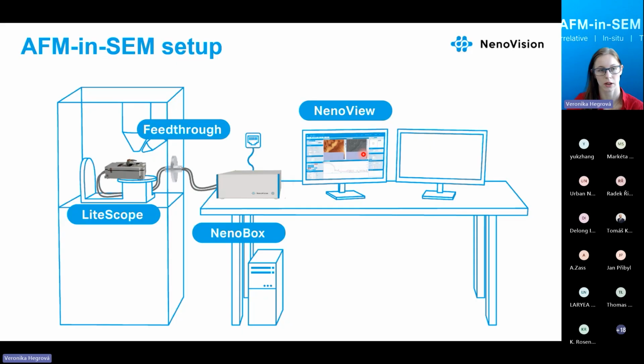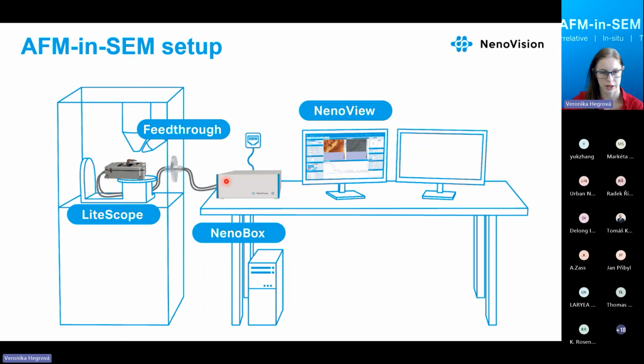And so the setup in how we measure the AFM-in-SEM, well, this is the SEM scheme. And so LiteScope is fixed on the SEM stage, meaning potential upgrade of your SEM. Then we need a flange with 2 feed-throughs, which are going cables to the control unit.